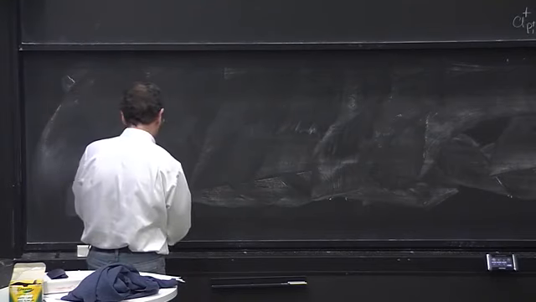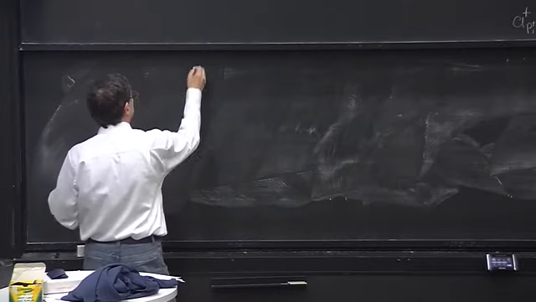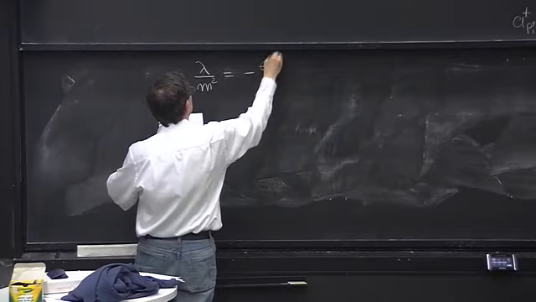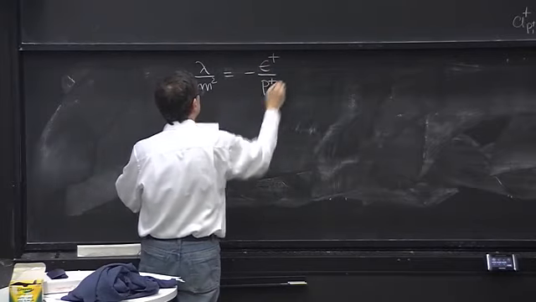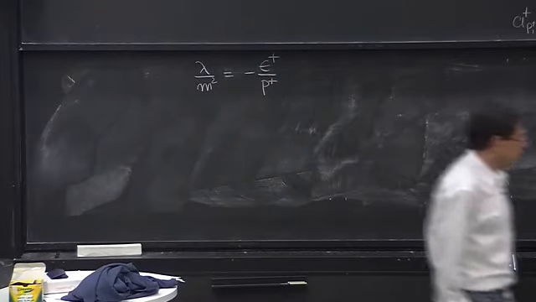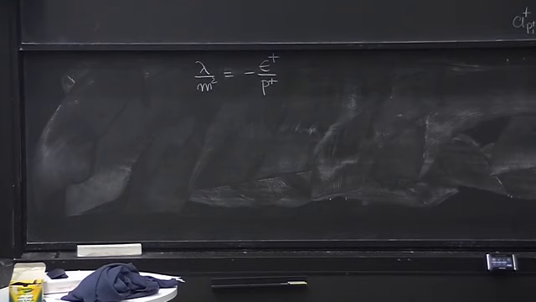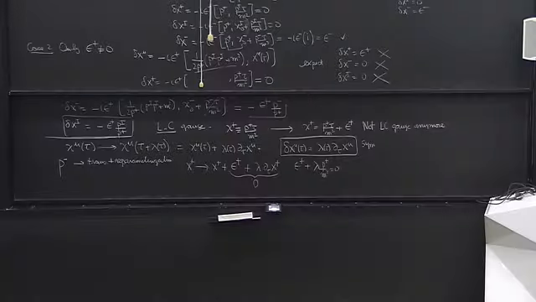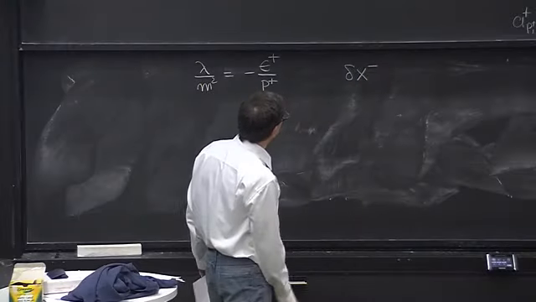So if that is true, from that equation you get that lambda over m squared is minus epsilon plus over p plus. Lambda over m squared is minus epsilon plus over p plus. Correct. So then, if this is true, what should have been the transformation of x minus?